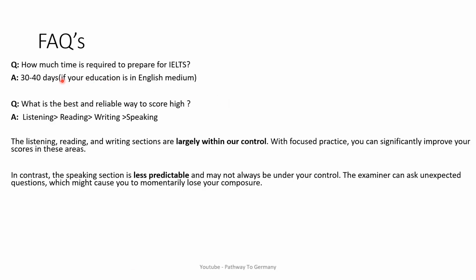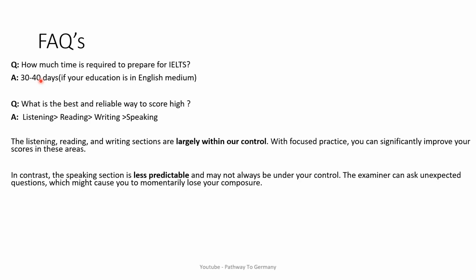Okay, there are a few more common questions that are asked. How much time is required to prepare for IELTS? This is a very common question. You need to prepare at least 2 to 3 weeks at a minimum, or if you have enough time, 30 to 40 days is the ideal time to score a decent score in the IELTS examination.